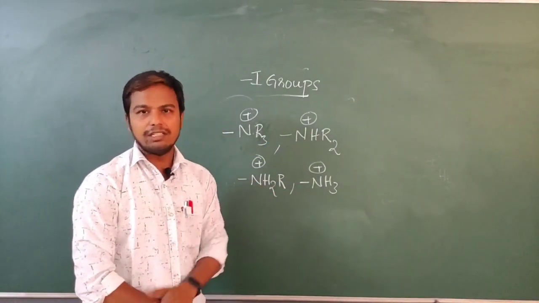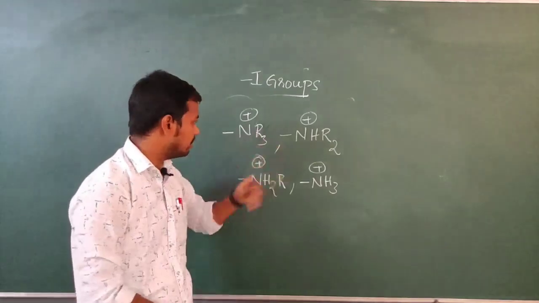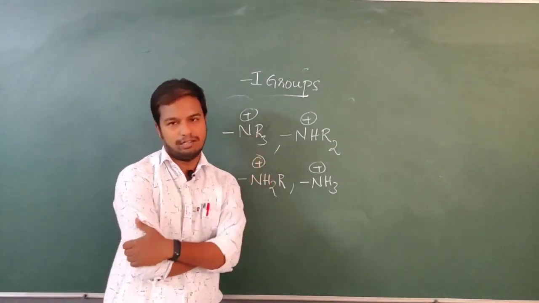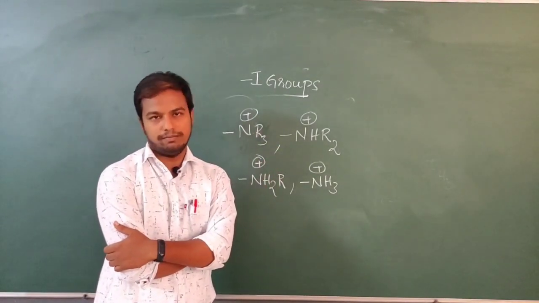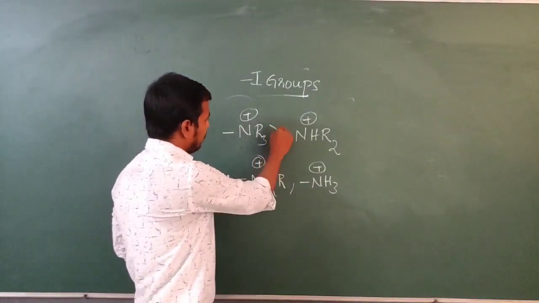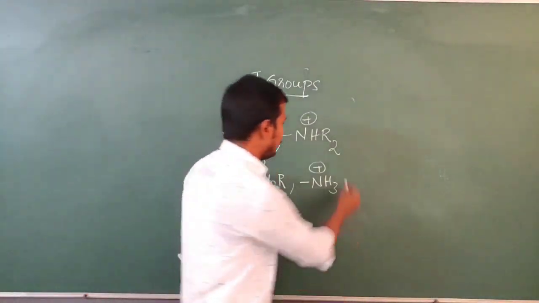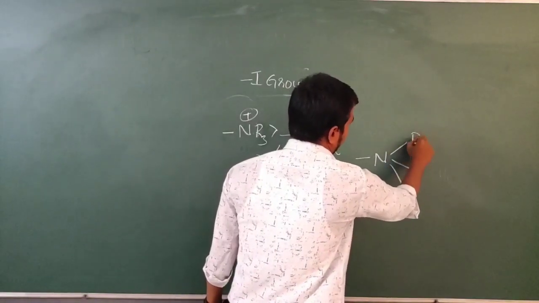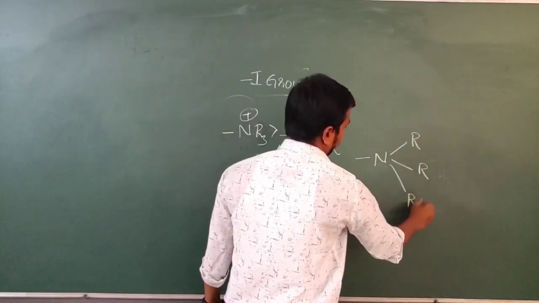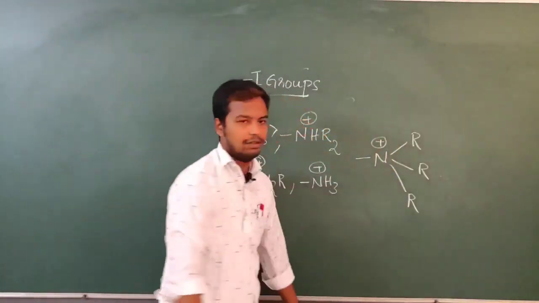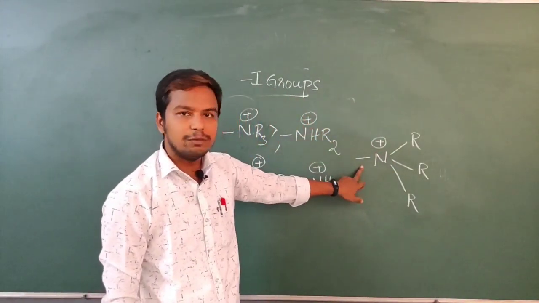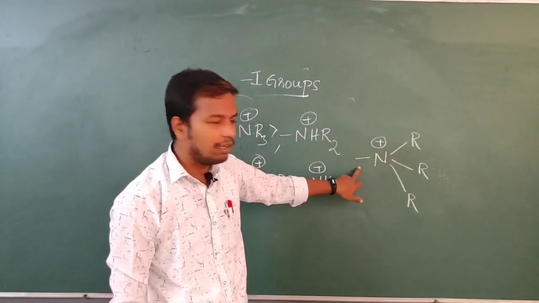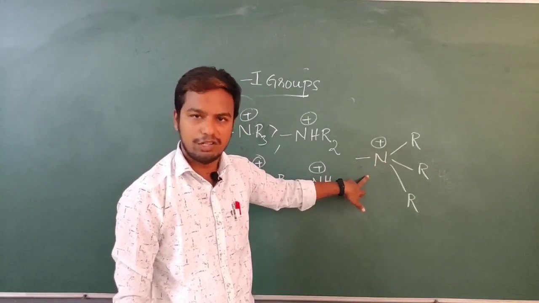Among them, if I ask which is the strong electron withdrawing group among these amines, that means ammonium salts, which one is strong? I tell you that NR3 is the strongest. Why? Because if you consider the structure with a positive charge, this species will be having bond pair repulsions.